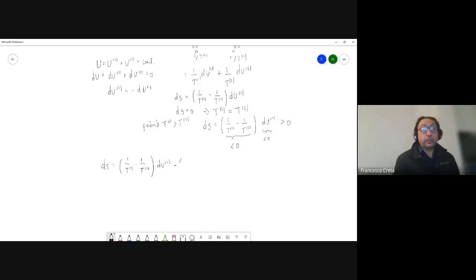But what I would like to do is get to the actual substance, to the actual point, and not waste time with the actual algebra. So you see that instead of a difference of temperatures here, we have a difference of the combination of chemical potentials and temperatures, and this is dn1.